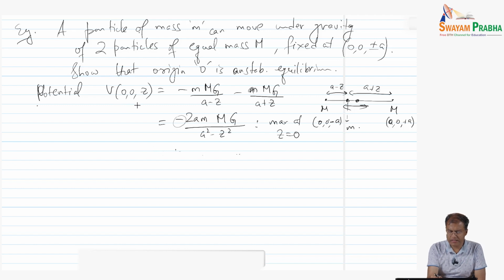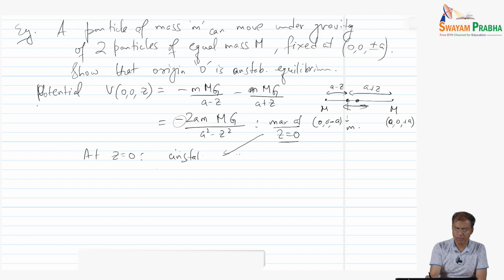We see that the potential V(0, 0, z) has a maxima at z equal to 0, which we can check. Since z equal to 0 is a point of maxima, we conclude that the point z equal to 0 is an unstable equilibrium.